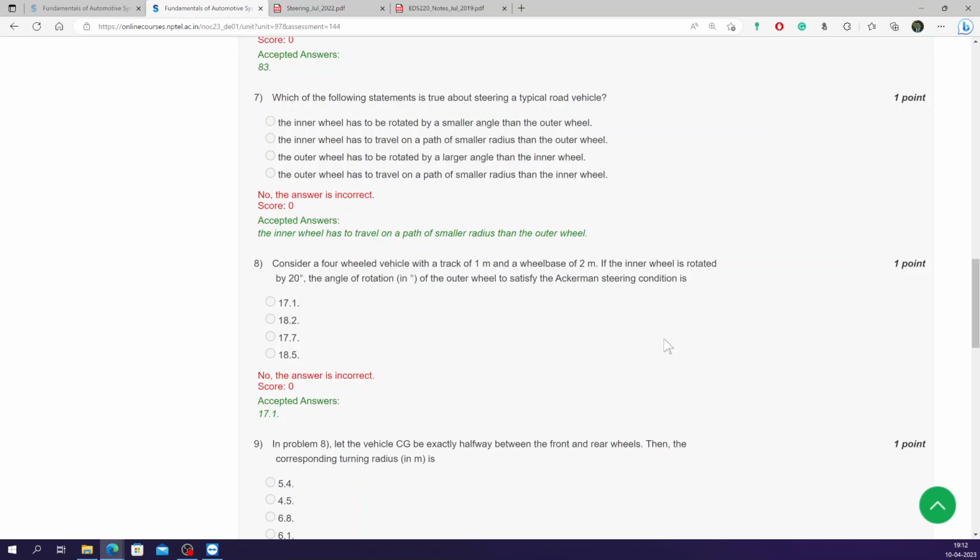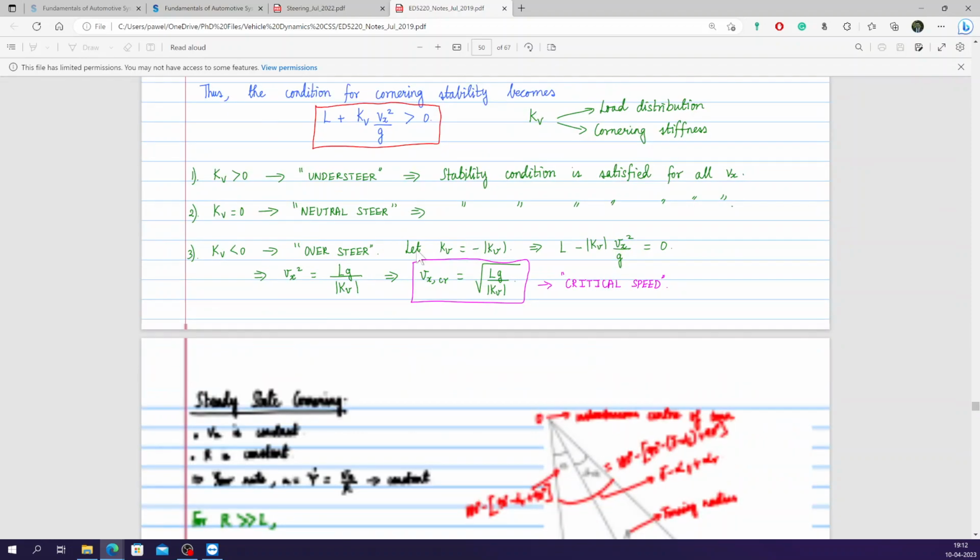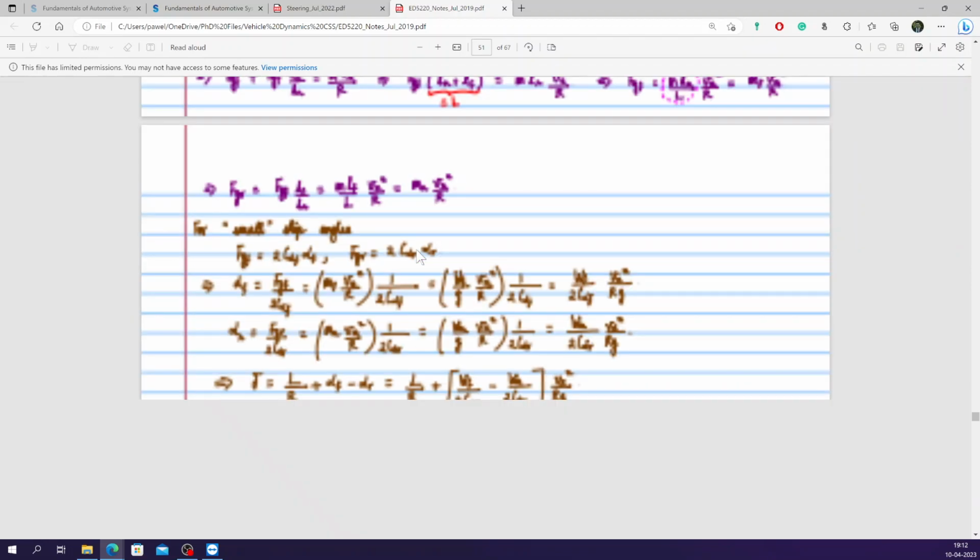Eighth one, sir. Consider a four-wheeled vehicle with track of 1 meter and wheelbase of 2 meters. If the inner wheel is rotated by 20 degrees, the angle of rotation is... I think I can look into my notes and let me quickly check if this has Ackerman steering or not.